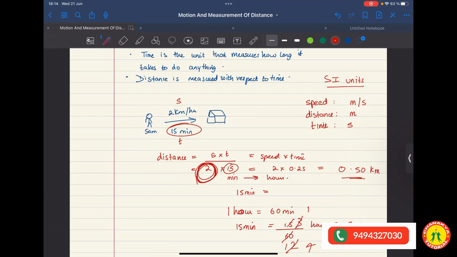Also, the same question. If I'm asking you, what is the distance measured? Find in meter per hour. If I'm asking you like that, then you need to convert 2 kilometer to meter, which would be 2000 meters. Correct, ma'am. Converted. Okay, you should do that.